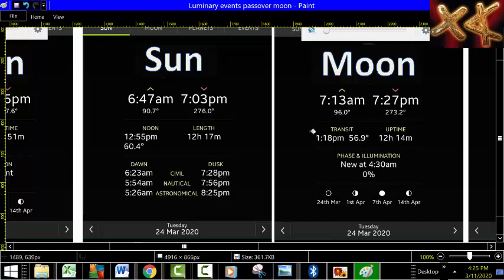And so that's why it's saying here that the moon and the sun go down together at the same time. It's talking about dusk time when it actually gets dark. And that's why you're going to see a 0% of the moon, because there's just too much light out there.